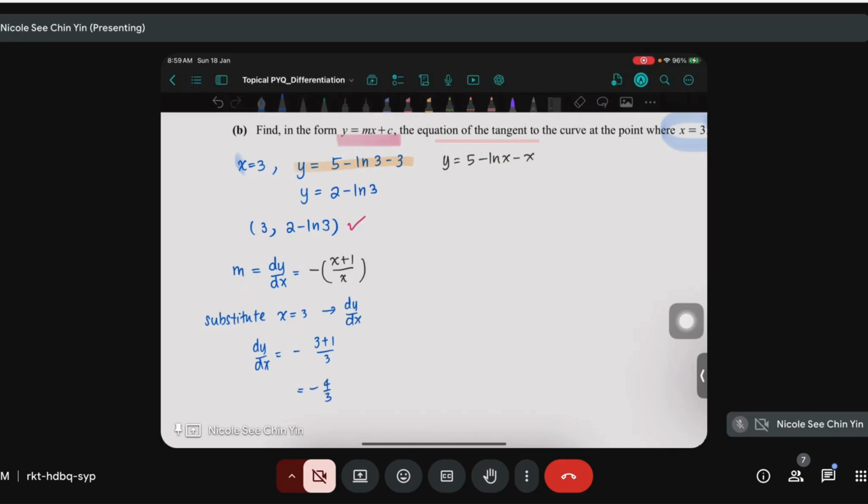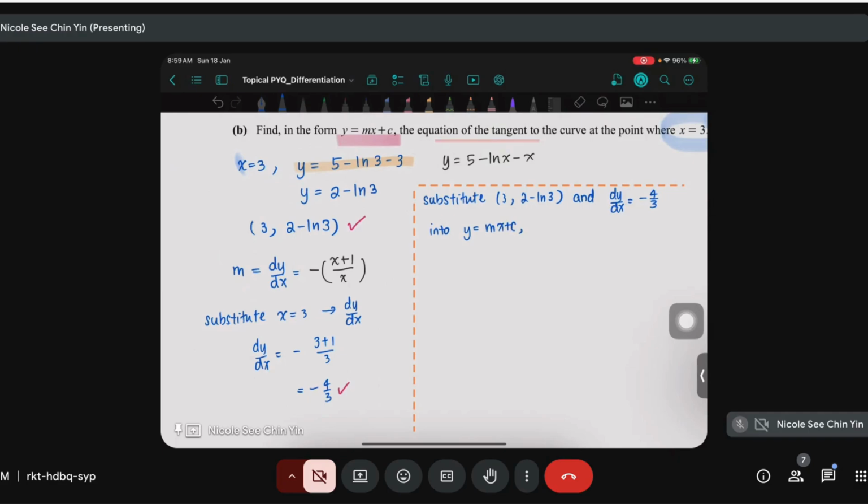Second information I got it done, so I can form my equation of tangent now. In my equation of tangent, I'm going to substitute the point 3, 2 minus ln 3 and dy dx equals to negative 4 over 3 into y equals to mx plus c.